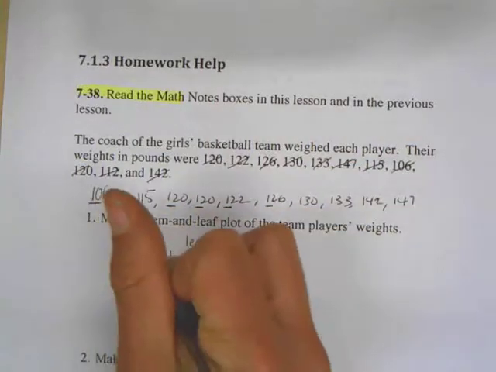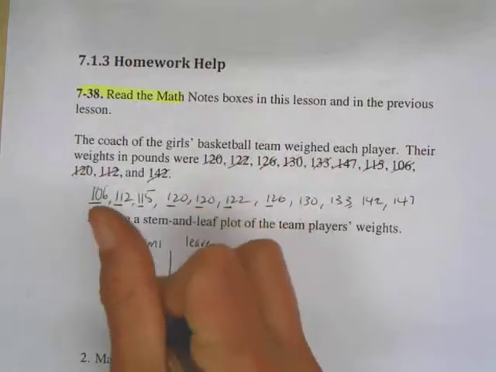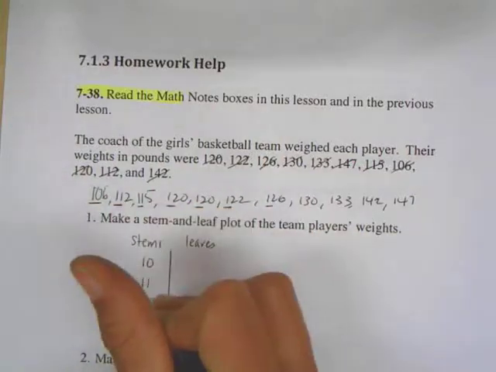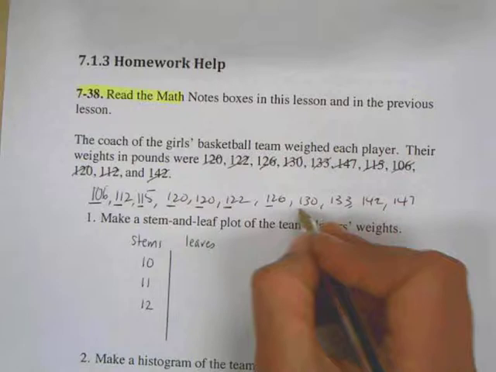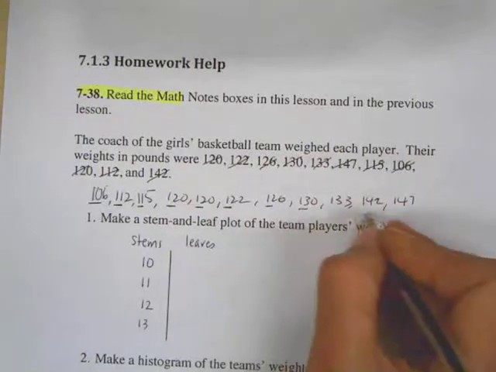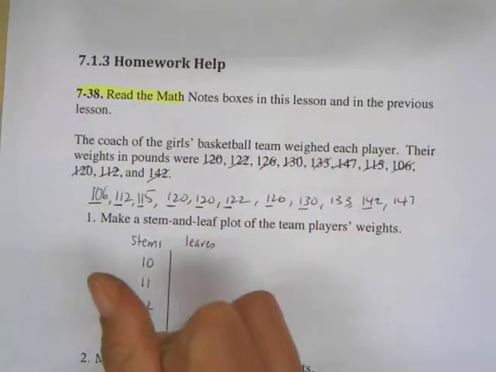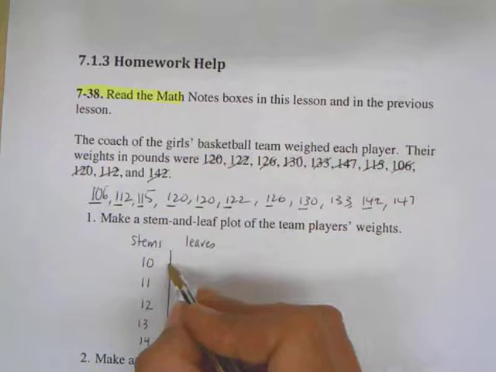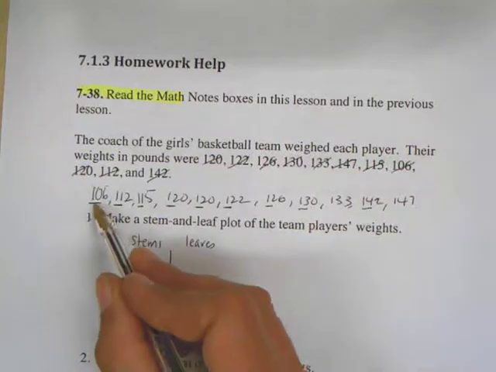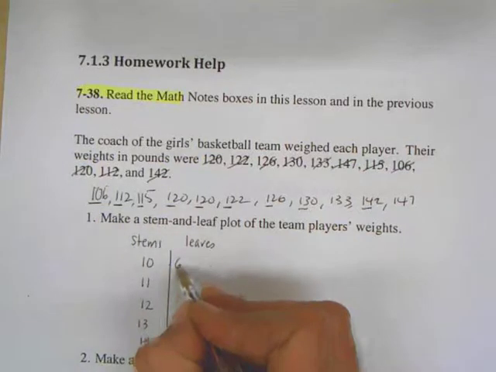So I have things that are in the hundreds, I have things that are in the 110s, I have things that are in the 120s, I have things that are in the 130s, and I have things that are in the 140s. So these are my stems, and my leaves are the last bit, so 106.